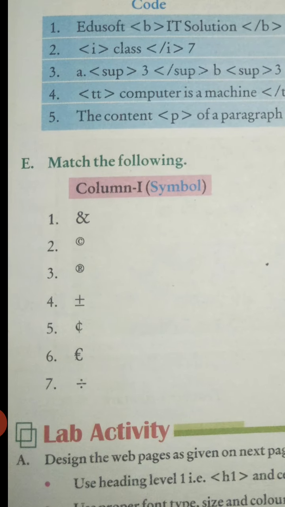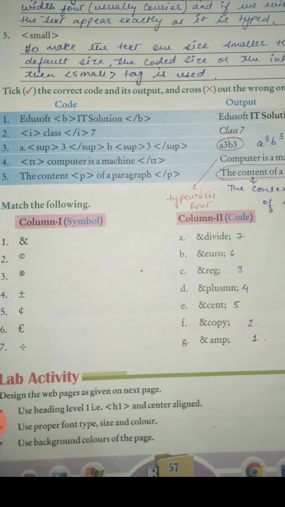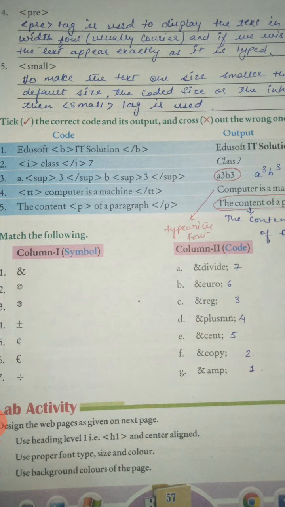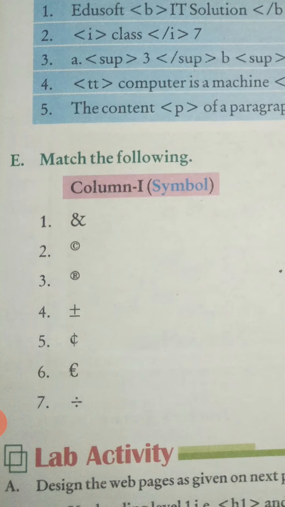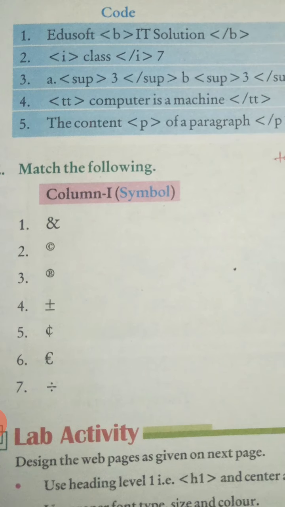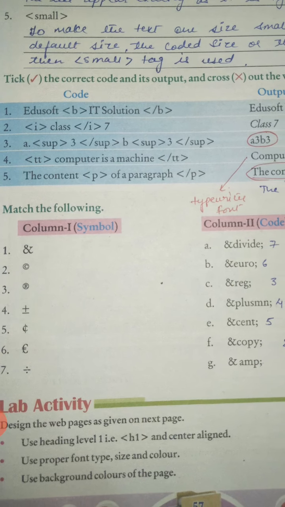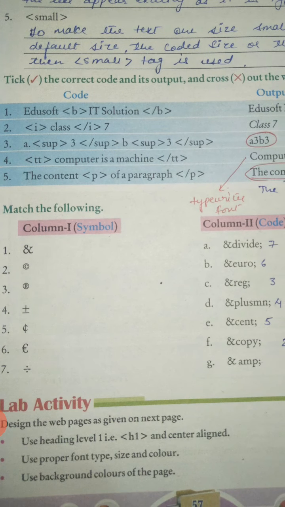Next, you can see the symbol here is of copyright. So the correct code will be ampersand COPY semicolon. Next is R. It is of registration. Here the correct answer is ampersand REG semicolon.